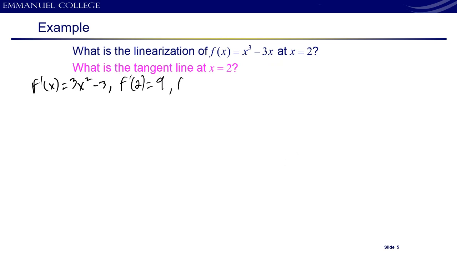But I also need f of 2, because we're using our tangent line. So 2 cubed is 8 minus 3 times 2. So 8 minus 6 is just 2.